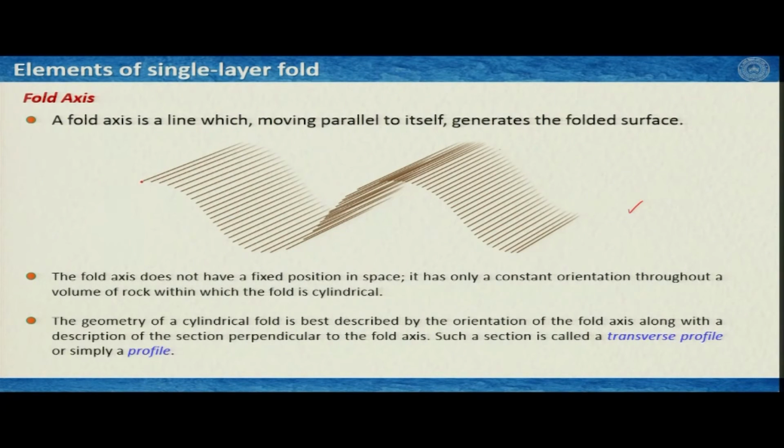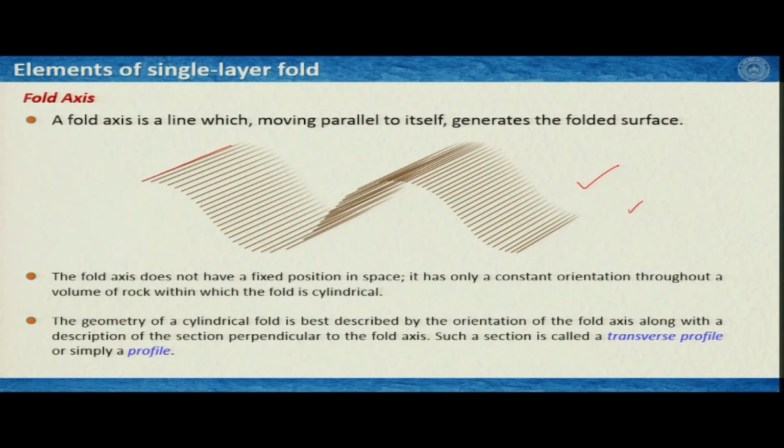A series of parallel lines that you can see here can move parallel to each other and define a fold. So, fold axis is defined in other ways. A fold axis is a line which, moving parallel to itself, generates the folded surface as it has done here.